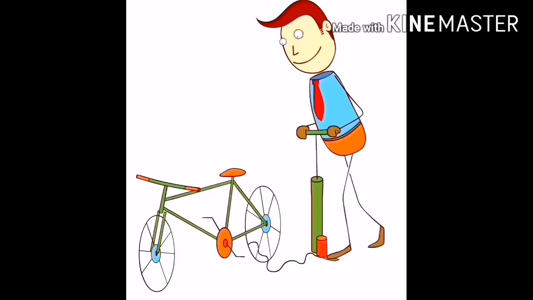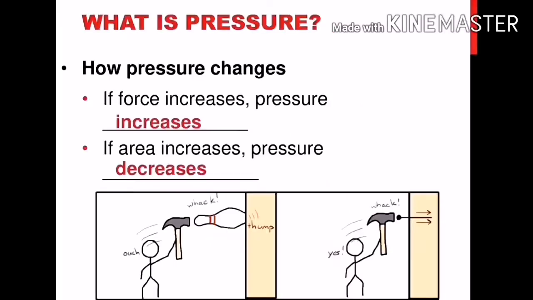Okay, what do you understand from this example? We understand that by applying force, air pressure is increased and then the air is pushed into the tire. We use so many pressures like this in our daily life. So I hope you understand this example.